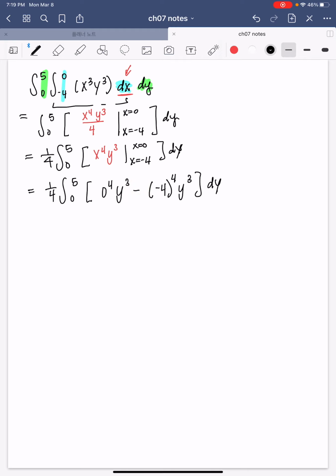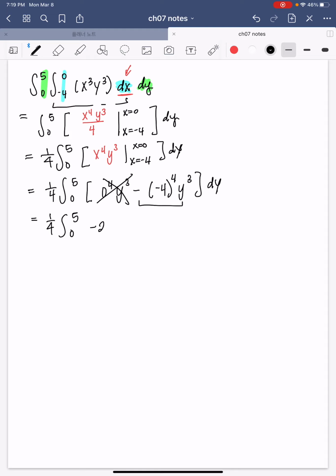But let's keep going. 1 over 4, 0 to 5. This whole thing turns to 0. This part will be negative 64. Negative. So negative 4 to the fourth is negative 256.